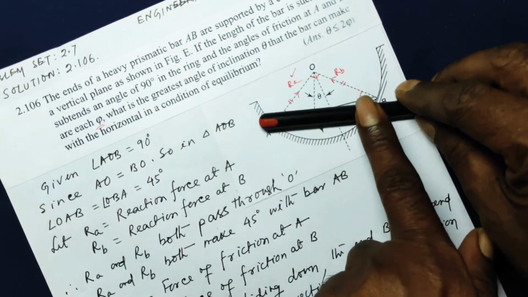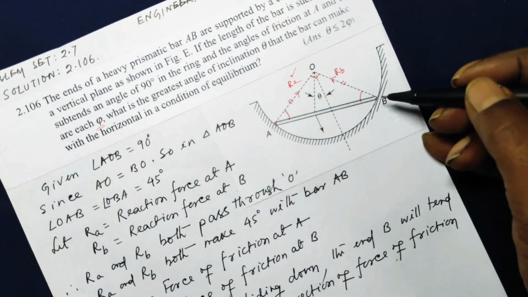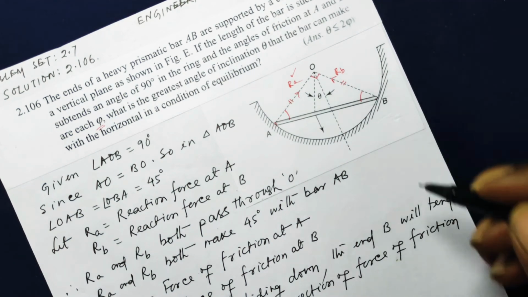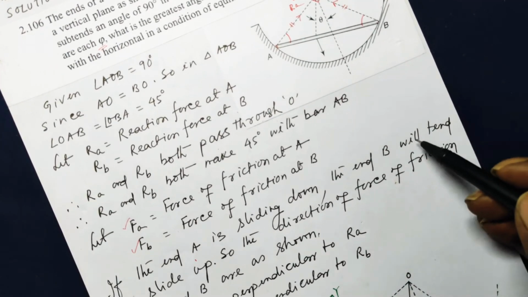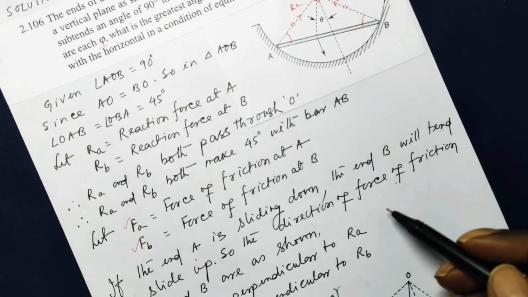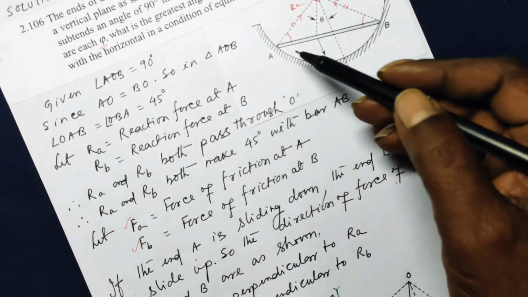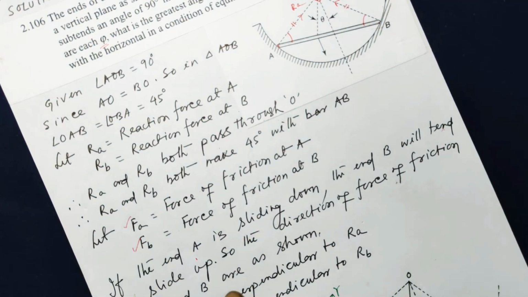If this bar is sliding down, then the point of contact B will move up. So, if the end A is sliding down, the end B will tend to slide up. So, the direction of force of friction at A and B will be as shown in the figure here.